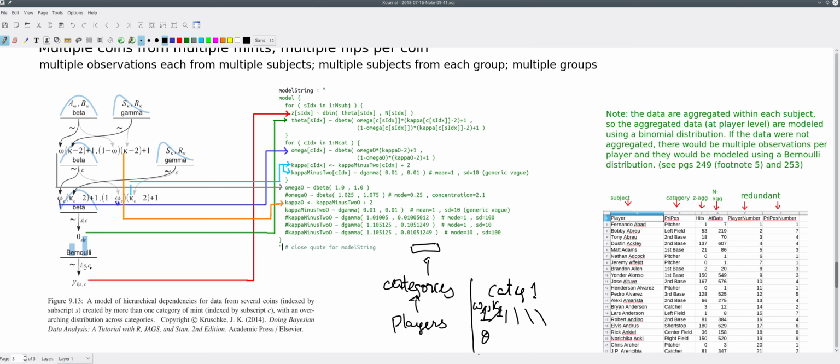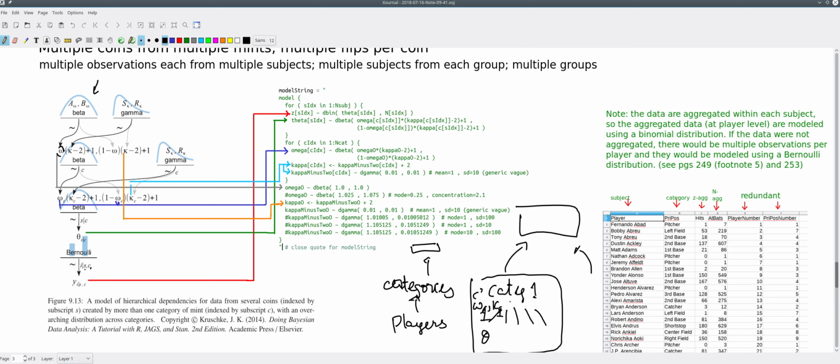So we are modeling things within each category, and also we are aggregating them and saying these values are constrained by this overall distribution. So omega 1, omega 2, omega 3 up to omega 15, because I said there are 15 categories, all those omegas are derived from this grand beta distribution, which is what represents the omegas.